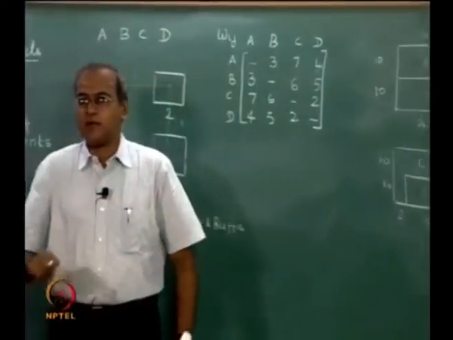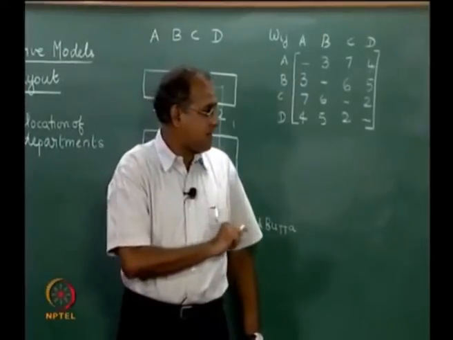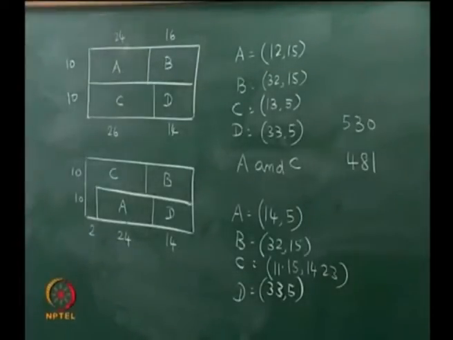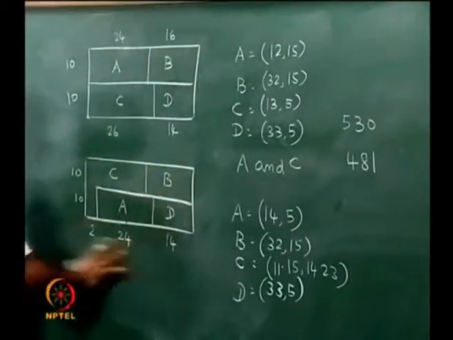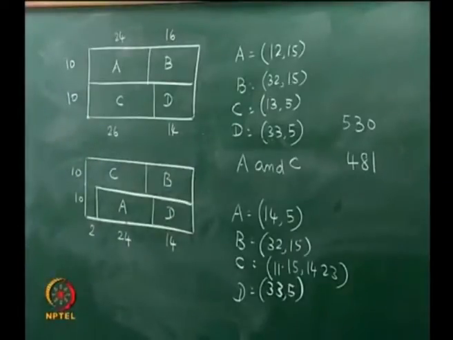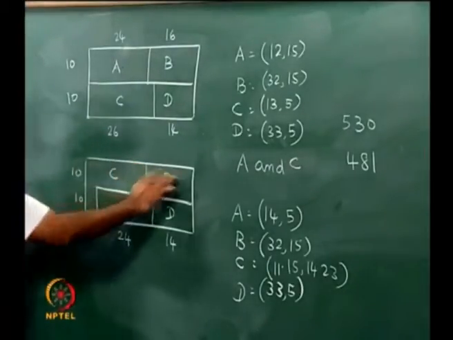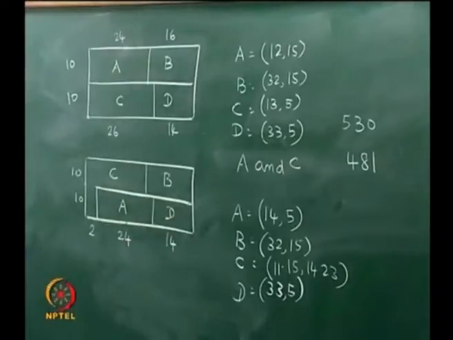We are unable to get further improvement with this, and therefore we could actually terminate with this layout for this particular departments C, B, A and D. So this would be the final output for the Craft algorithm, and we would now understand that we could have C and then B and then A and D, which are actually there.